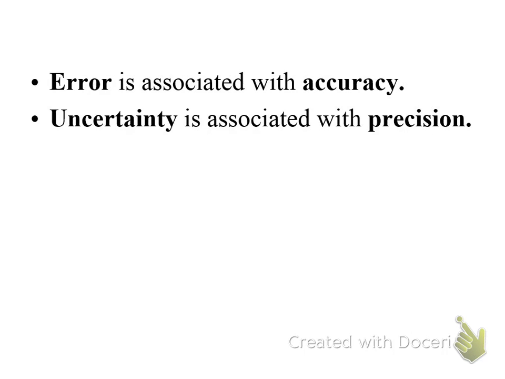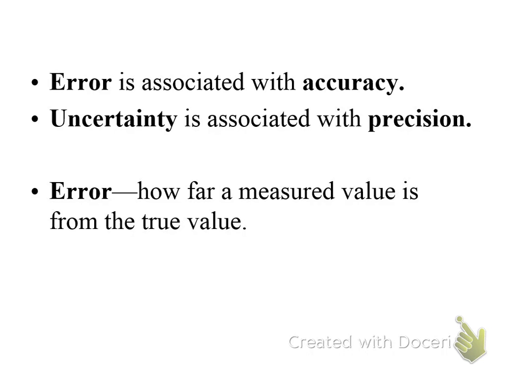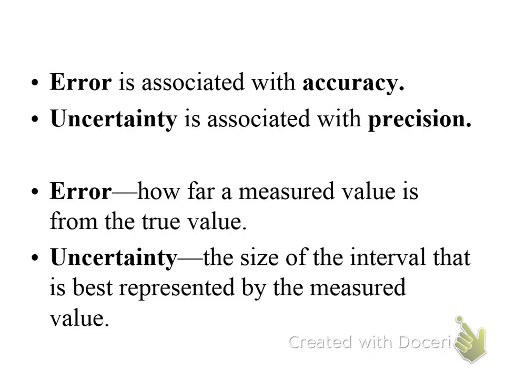How unreproducible your analysis is is associated with precision, and we generally call that uncertainty. So there's error and uncertainty. Error is how far off you are from the true value, and uncertainty is what spread you have if you do this measurement again.